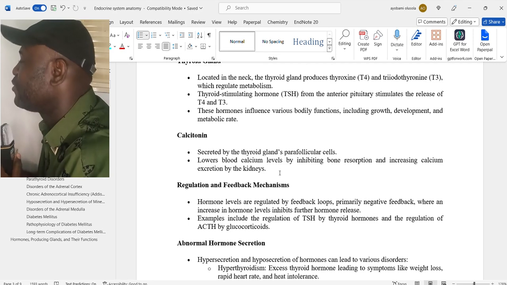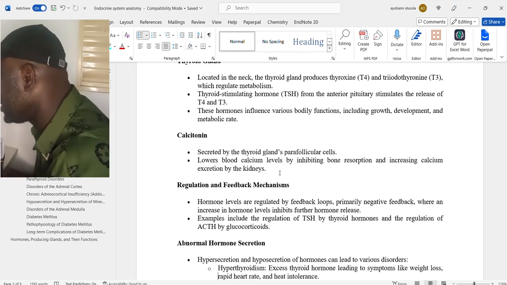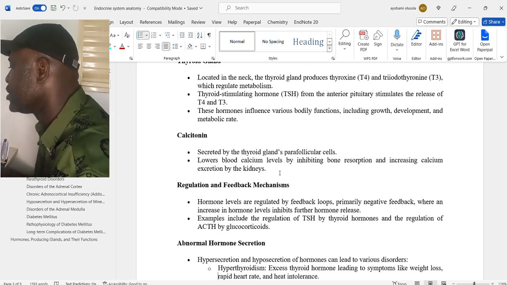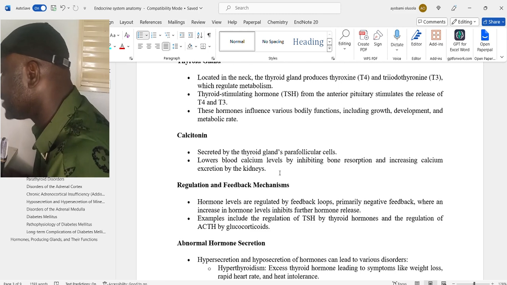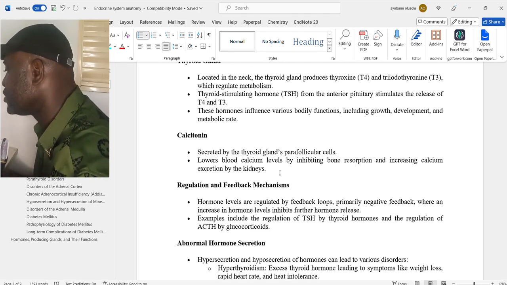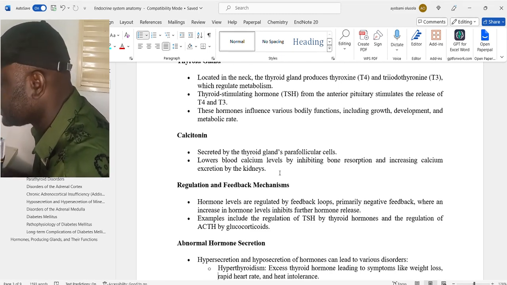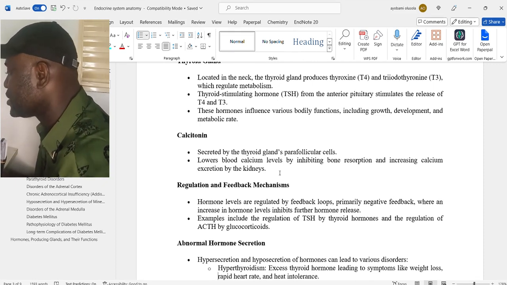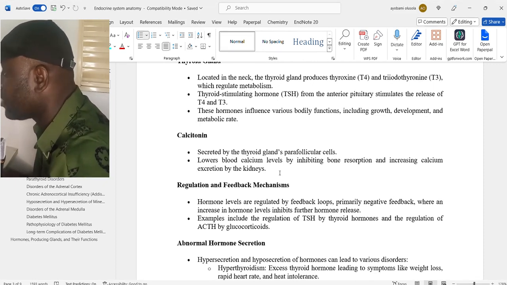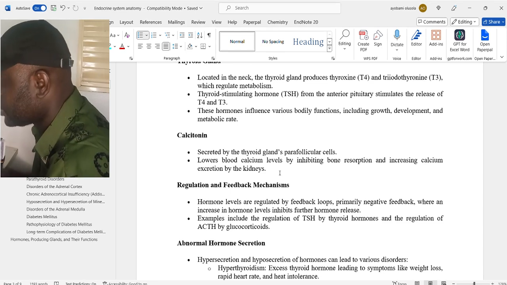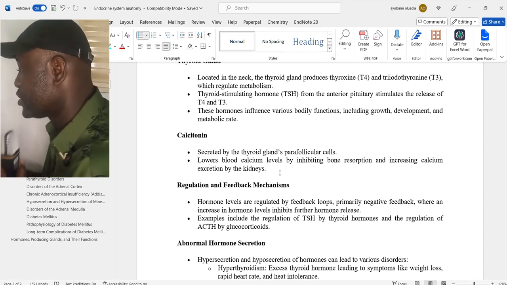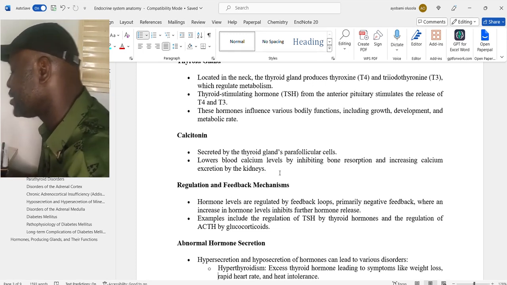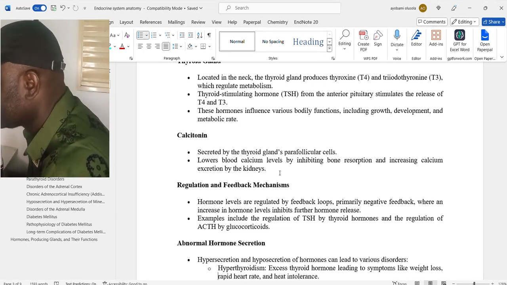The parafollicular cells of the thyroid gland also produce calcitonin. So T4 and T3 are not the only hormones produced by the thyroid gland. Calcitonin is also produced by the thyroid gland. What calcitonin does is lower blood calcium levels by inhibiting bone resorption and increasing calcium excreted by the kidneys.